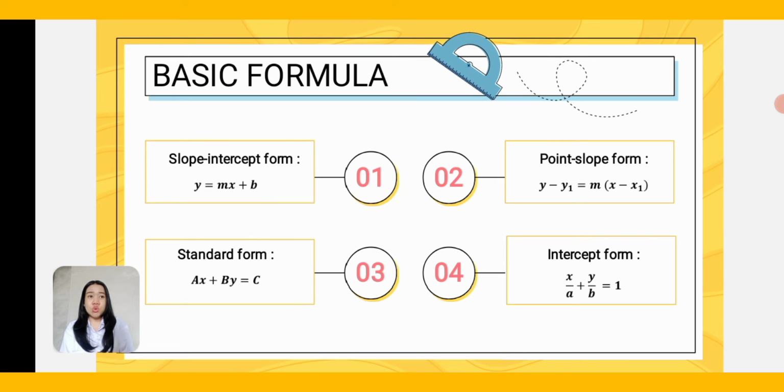Number 2, point-slope form: y minus y1 equals m times parenthesis x minus x1. Number 3, standard form: ax plus by equals c. Number 4, intercept form: x over a plus y over b equals 1.